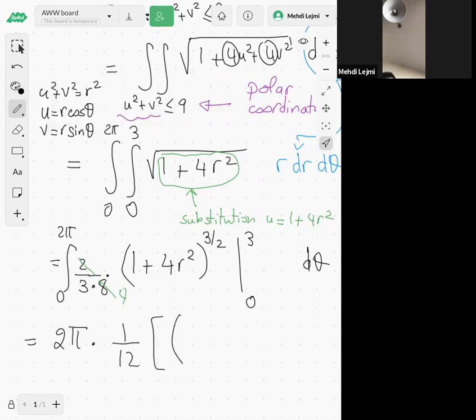And then 1 plus 4r squared, with r squared being 9, 9 times 4, that's 36, to the power 3 halves, and then minus r equals 0, so that'll be just 1. Anyway, so that will be the answer. Let me just say, guys, in this case, the area must be positive, okay? Because area just must be positive.